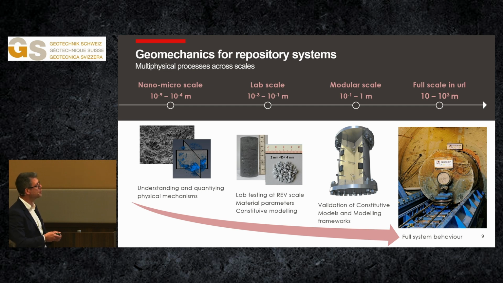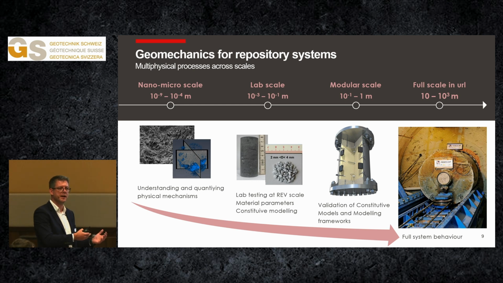Then a lot of effort goes into building intermediate scale models, the so-called mock-up tests, in which we can validate not only the constitutive models but also the modeling frameworks. And then, as we will hear today and tomorrow, a lot of full-scale experiments have already started. Of course, in those experiments the real waste is not put in place, but they are mostly done with electrical heaters to simulate the thermal wave in the system.